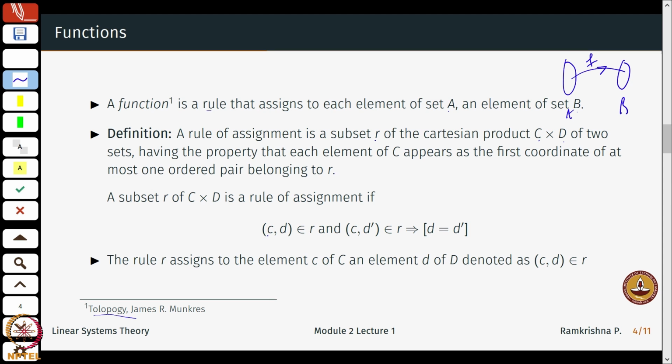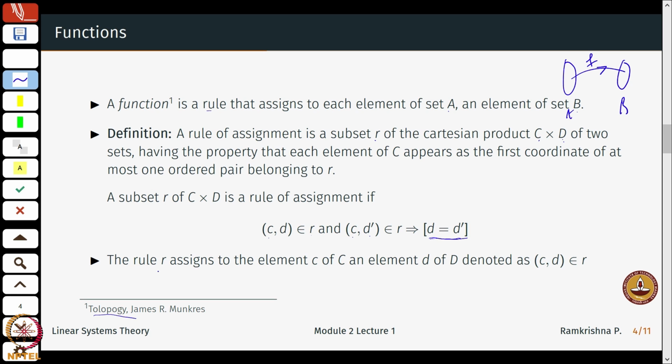Okay, so I look at (c, d) assigned, or associated with a rule R, and I say it's the same rule if I say (c, d'). It essentially means that d should be equal to d'. So there is only one unique rule that defines c and d, c coming from the set capital C, d coming from the set capital D, right.